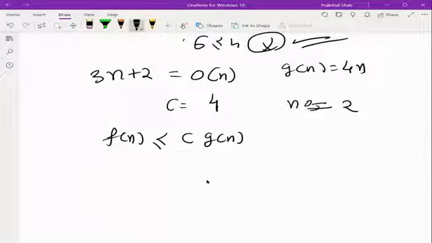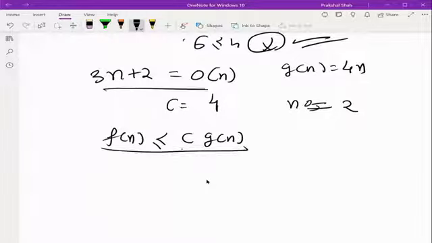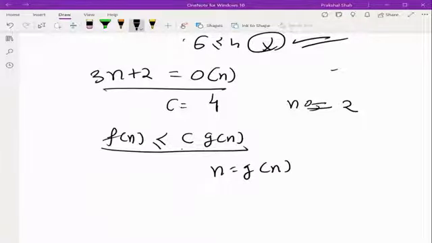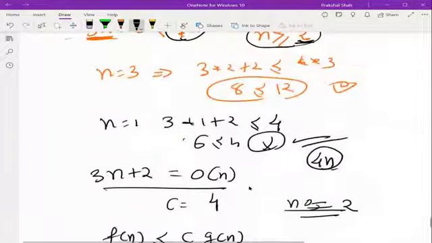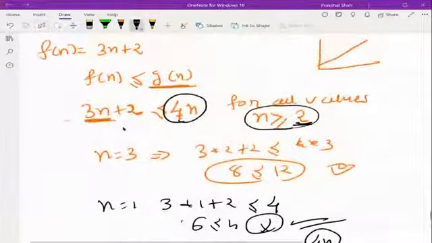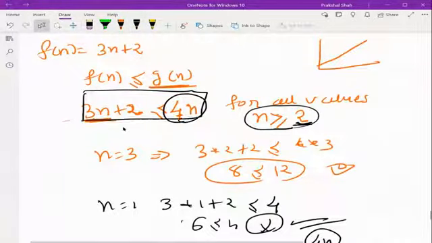If you compare this with this, what do you get? g of n equals n, c equals 4, and n naught equals 2. We had a solution of 4n before. Here 3n plus 2 is less than or equal to 4n.